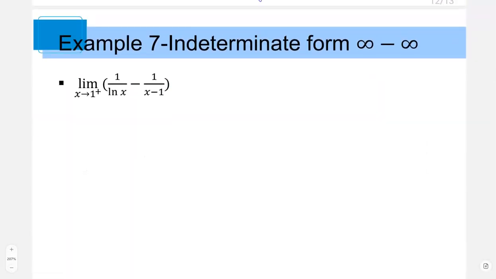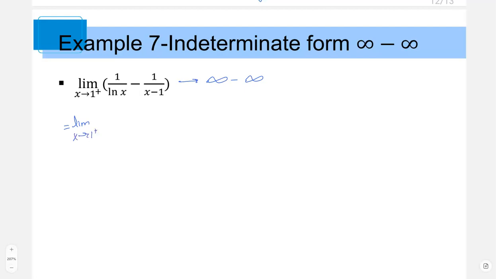And then let's look at one more example. So we are in the form of infinity minus infinity. As we approach 1 from the right, that ln function, we're going to have a vertical asymptote there. Same thing here. And with vertical asymptotes, we always have unbounded behavior. So the trick when you're in this form is to combine the fractions. So we need a common denominator.